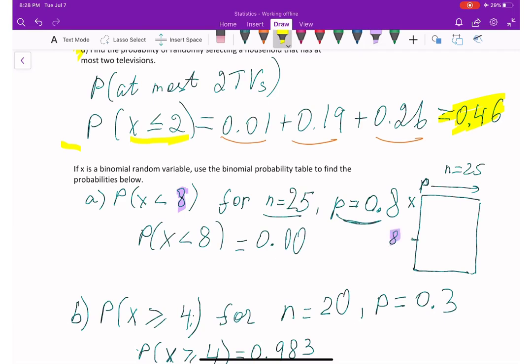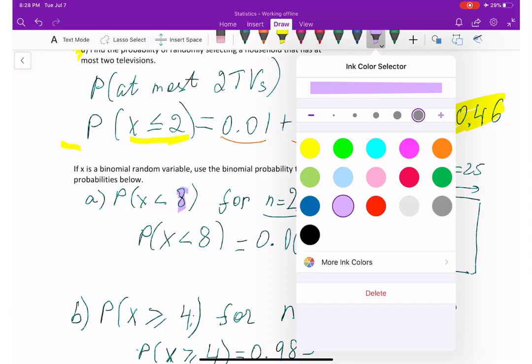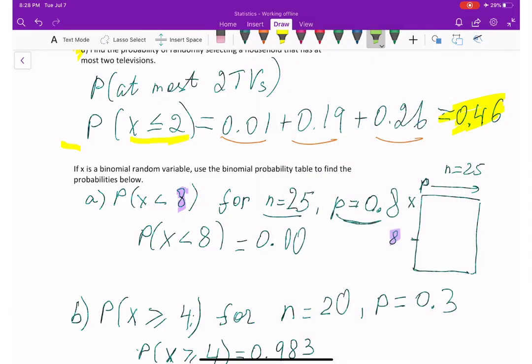Then you take probability 0.8, which is somewhere here, and the intersection is going to give you 0.00 in this case.